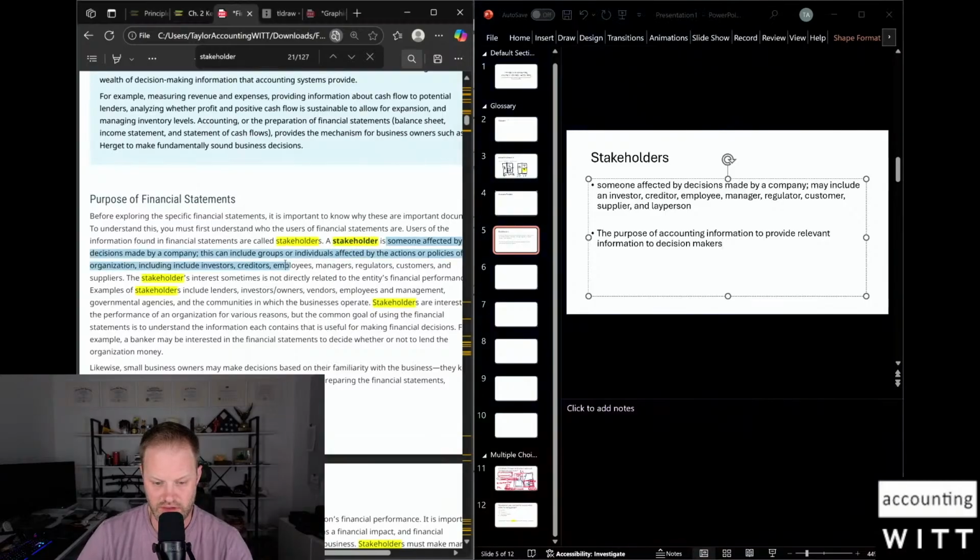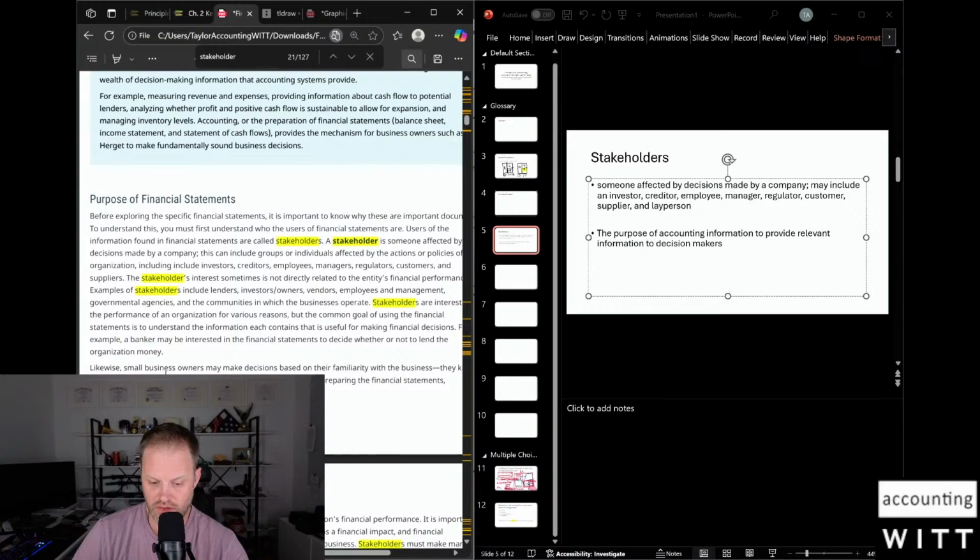Exactly here. So examples of stakeholders include lenders, investors, vendors, employees, the communities. Stakeholders are interested in the performance for various reasons. It's not always financial.